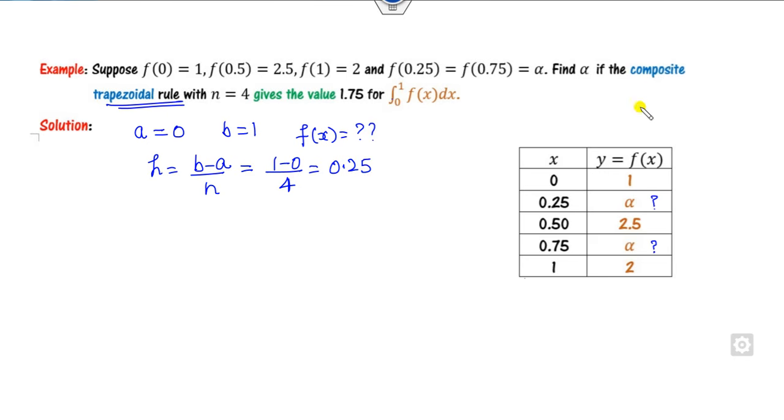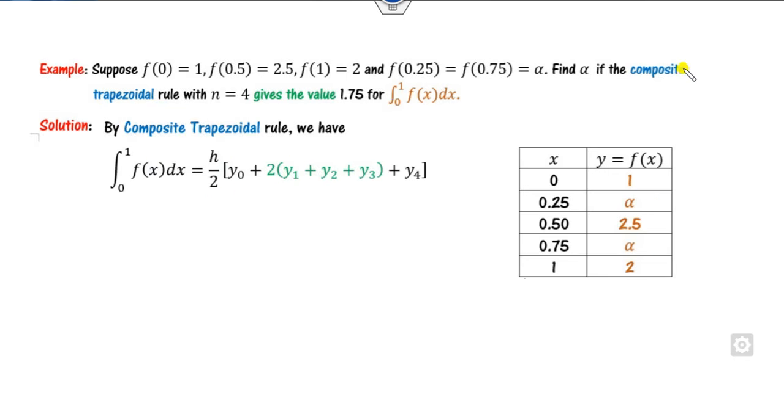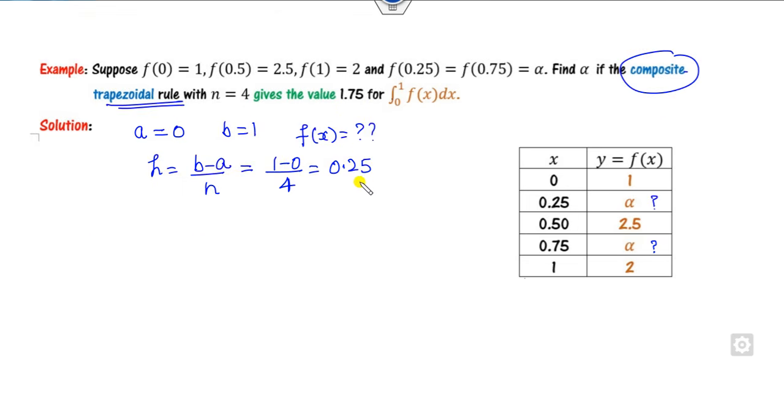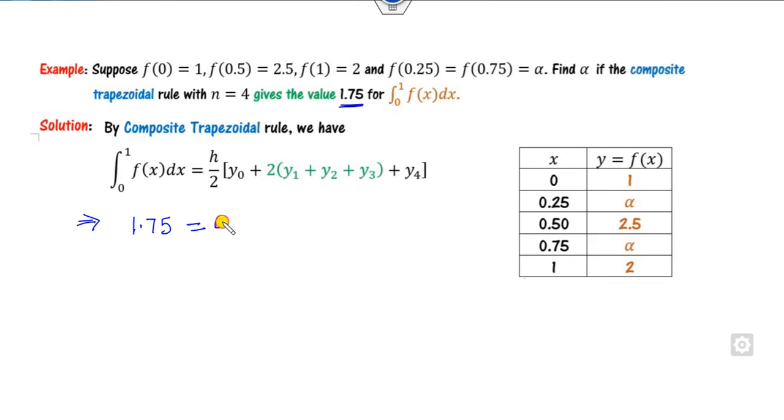So with n as 4, h is 0.25. Now they are talking about the composite trapezoidal rule, we can apply here. The left hand side is given to you as 1.75. What is h? h we computed as 0.25. What is my y0? y0 is 1, yn is here, and this will be double.